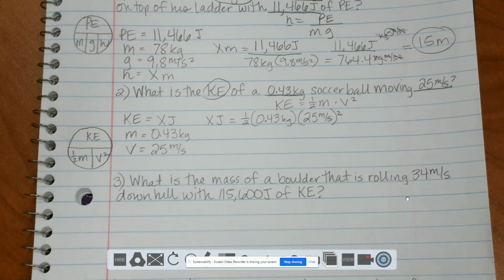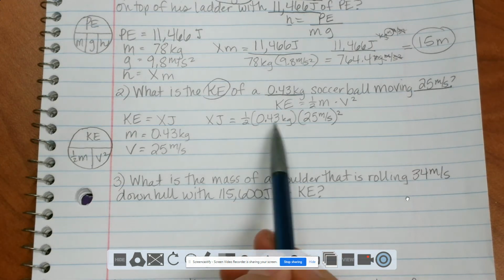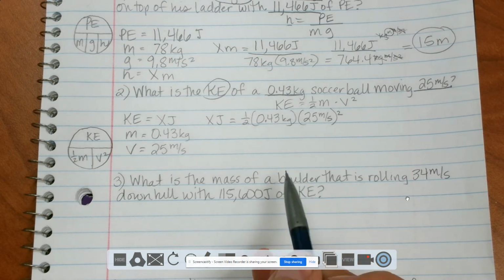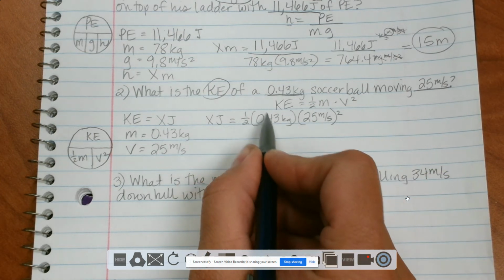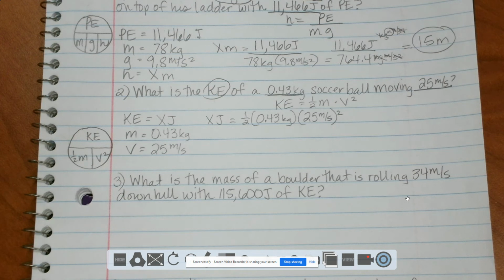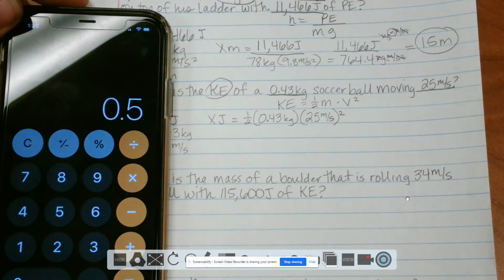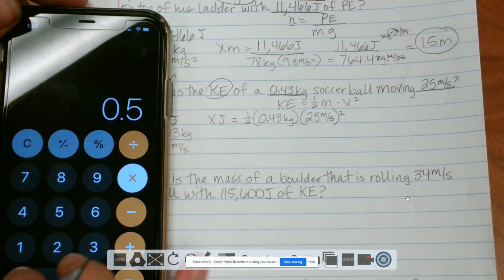All right, so now I need to take care of these individually by squaring and halving, and then I can multiply those two numbers together. So 1/2 times 0.43, you can either just divide it by 2, or you can multiply it by 1/2 or 0.5, which is also a half. So I'm going to do that. 0.5 times 0.43.